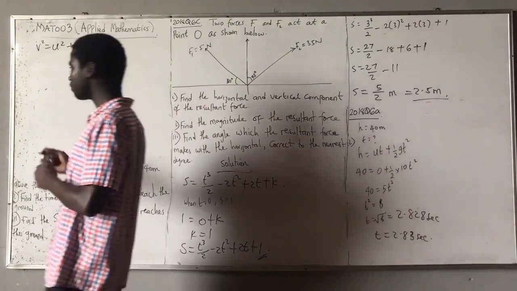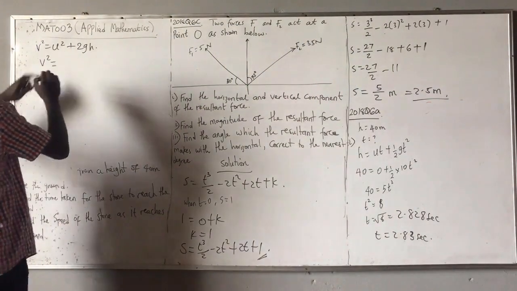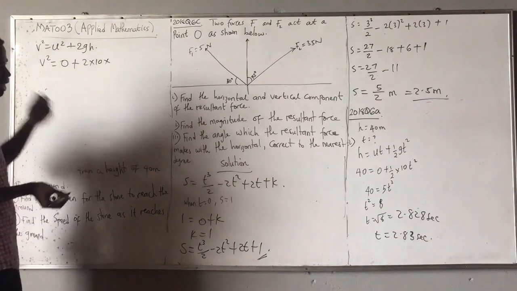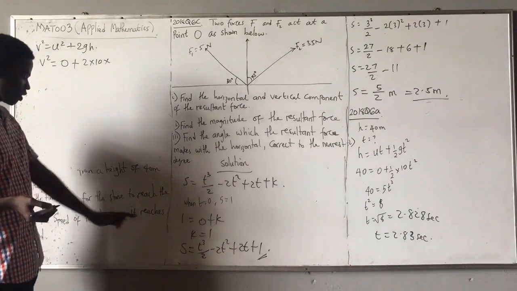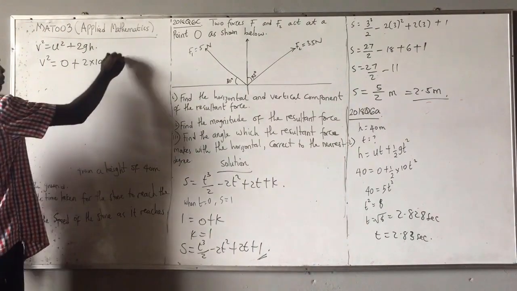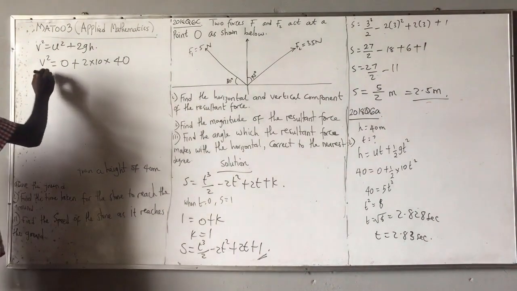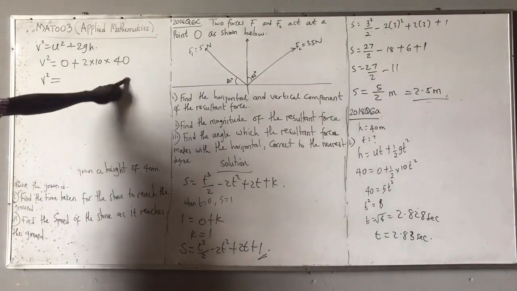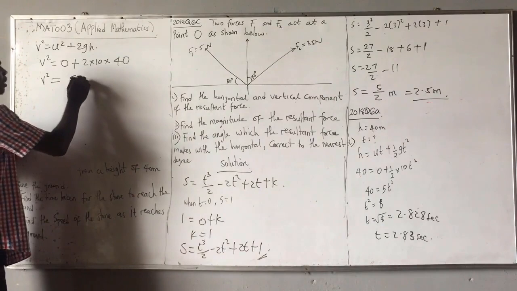So I want to find v. v square is equal to initial velocity, which is still 0, plus 2 times 10 times height. Height is what? 40. It has been given in the question. So v square is equal to what? 20 times 40. 20 times 40 is 800.